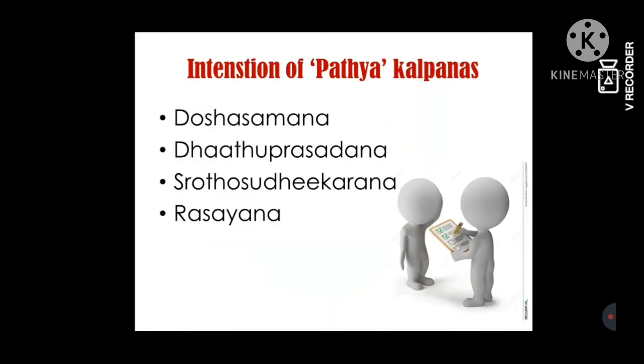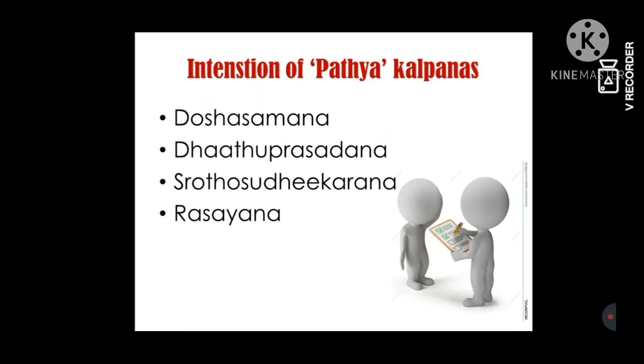The intention of pathyakalpanas: sometimes initially the intention is amabhajana, anulomana, and deepana. After that, or along with that, we should advise the patients some particular food items that can reverse the samprapti, that can supplement and support the medicines for dosha shamana, dhatu prasadana, srotoshuddhikarana, or rasayana.